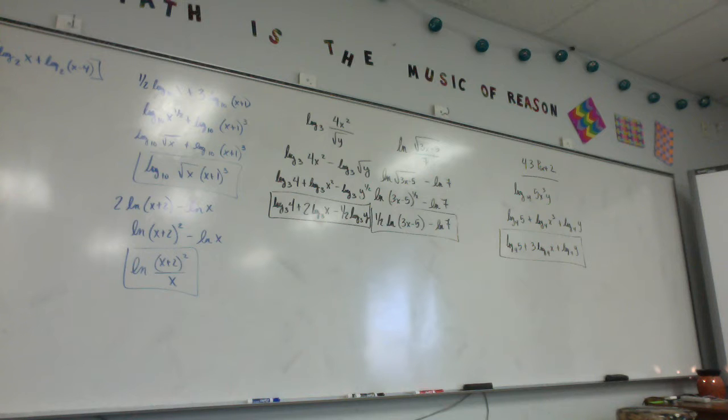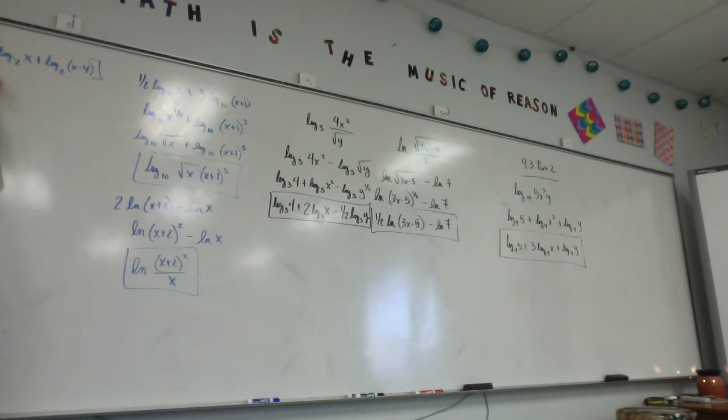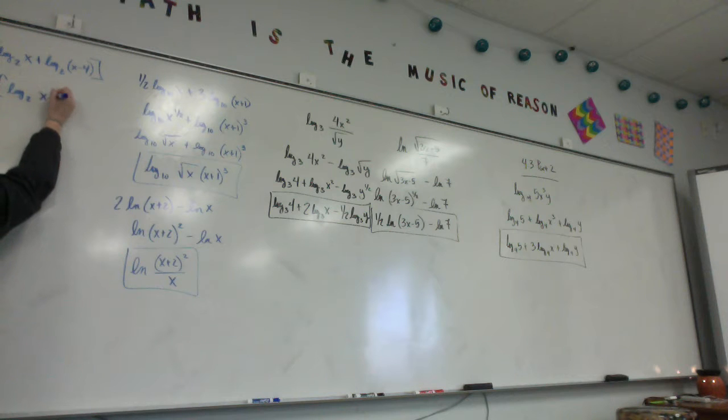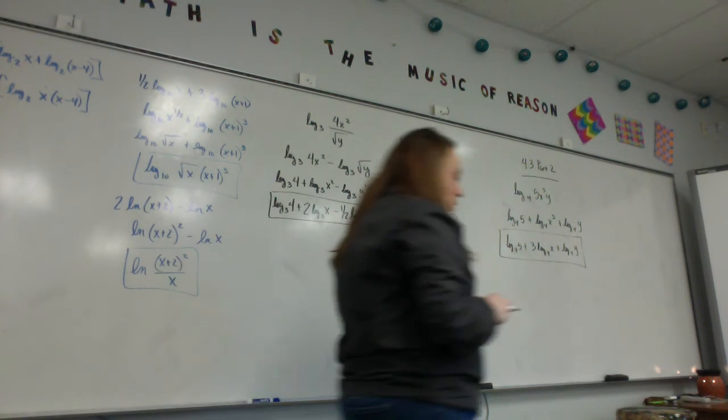If I were you, I would start inside the brackets first. Let's put this together first. So I have this 1/3 still out here, but that's okay. And then I'm going to say log base 2 of x times x minus 4, yes? Like that?